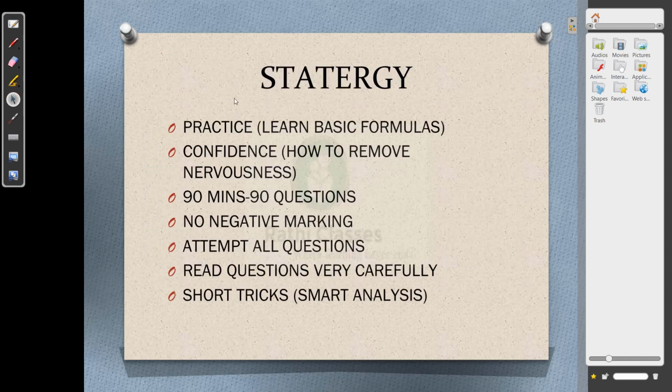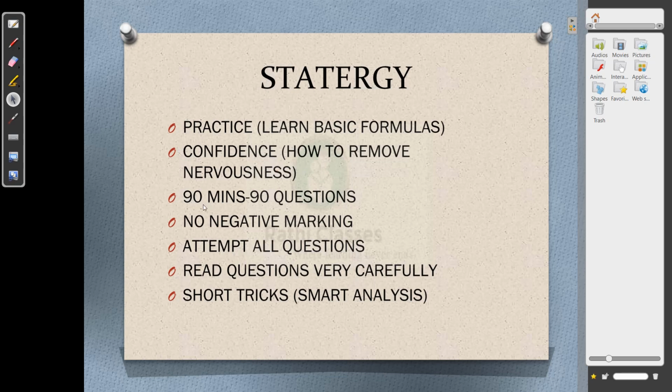So now I need to talk about certain strategy and how to crack the entrance. First you need to practice and learn all the basic formulas, because before knowing the shortcut you need to have the base. So the main thing is to learn basic formulas. Then you need to be confident by reading the question, and you need to read it very fast, and drink water or something before, so that you can have a nice confidence before appearing for the paper.